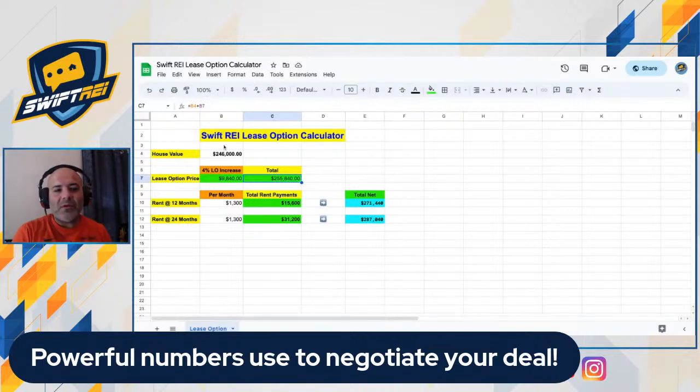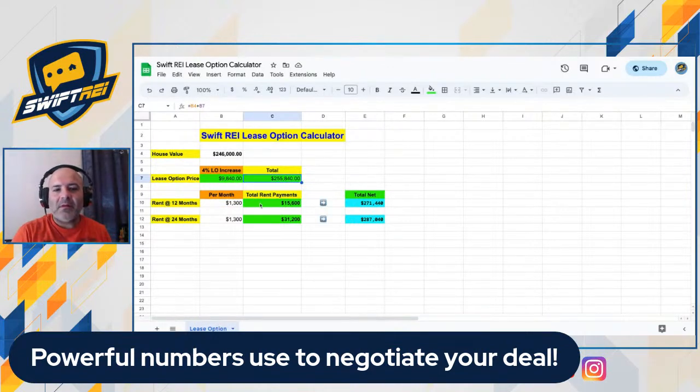So let's say I'm negotiating with the seller. They say, "You're asking 256." I know that your property is worth 246,000. Here's what I'm willing to do: I'm willing to do 246,000, and I can pay you a fair market rent of 1,300 per month. How would that sound? They say, "I don't know, that's not enough for me."